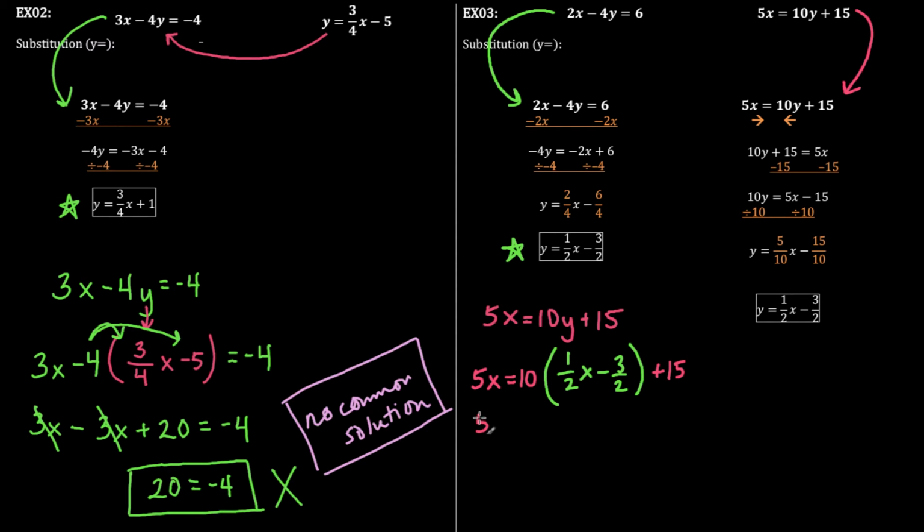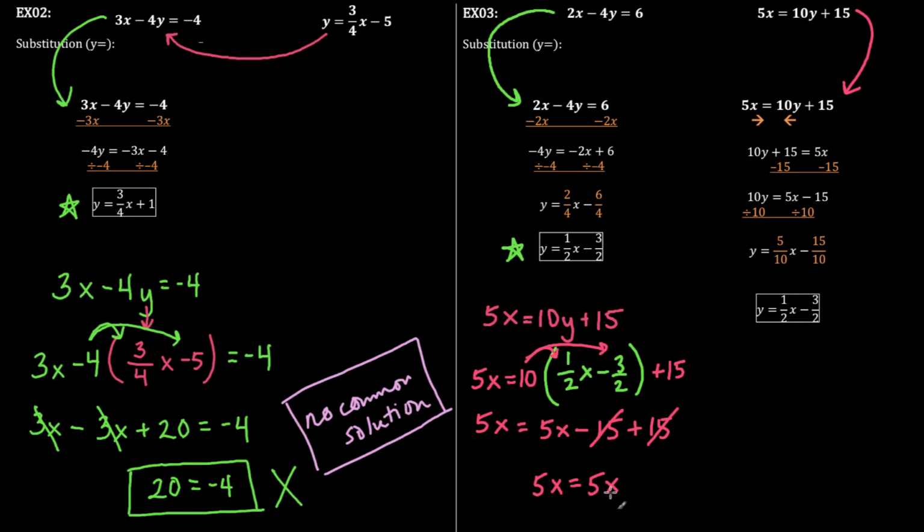So we get 5x equals, positive times a positive is a positive, 10 times 1 is 10, divided by 2 is 5x. A positive times a negative is a negative. 10 times 3 is 30, divided by 2 is 15. And I still have this plus 15. If you notice, these will go away, and I end up with just 5x equals 5x.